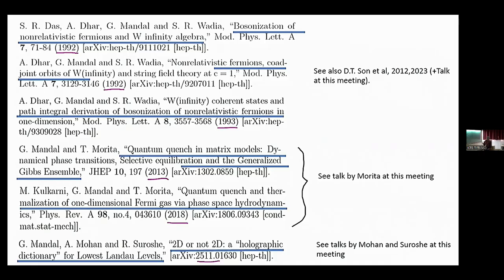So just a bit of history. At this time, we had no idea that there exists something called generalized Gibbs ensemble. So first of all, we were surprised that it's a Fermi gas and it equilibrated, like Marcos said, and then it did not equilibrate onto the Gibbs ensemble.